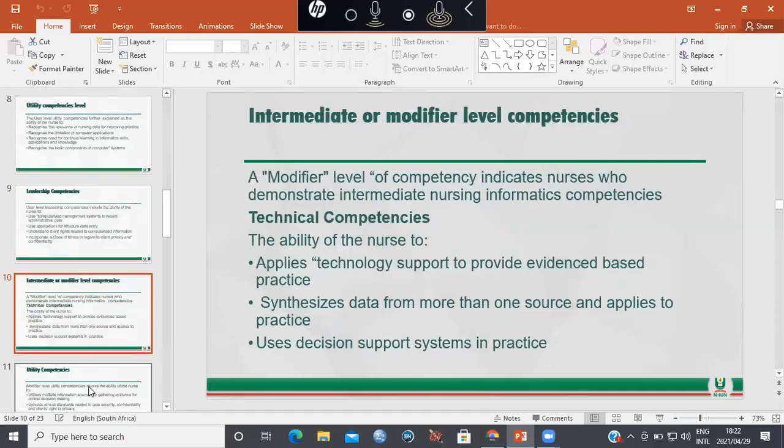Now we go to the second level competency, which is intermediate or modifier level competency. And what is it about? Before we even move to that point, is there any comments?